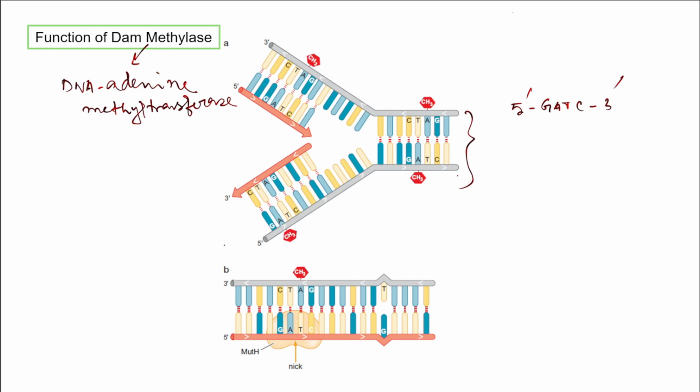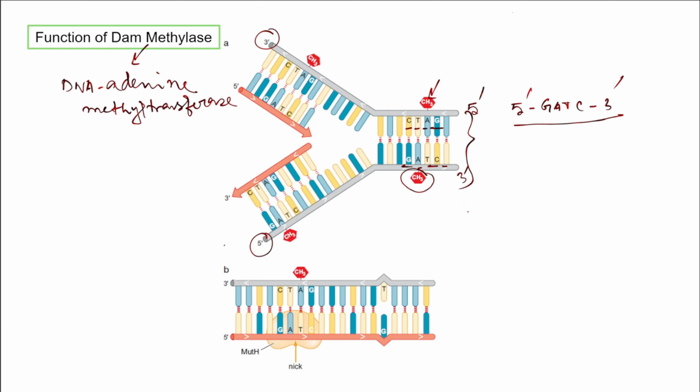This is the parent strand in the 5' to 3' direction and this is the 3' to 5' direction. Where 5' GATC 3' occurs, the adenine residue is methylated by Dam methylase. And on the other strand also, this is the 5' GATC 3' site and the adenine is methylated by Dam methylase.